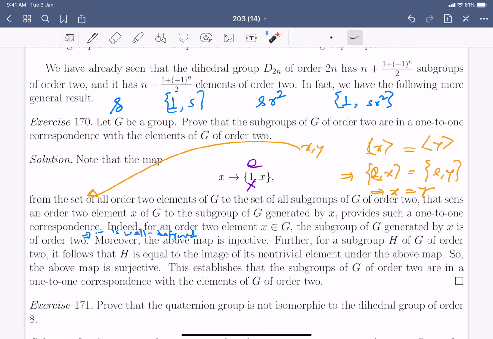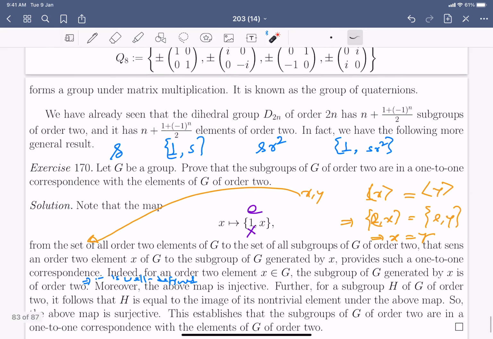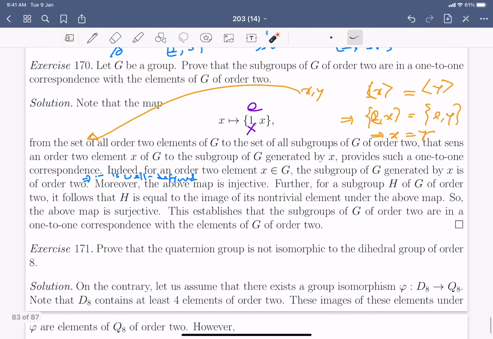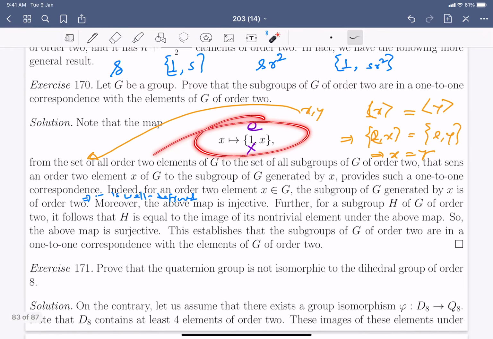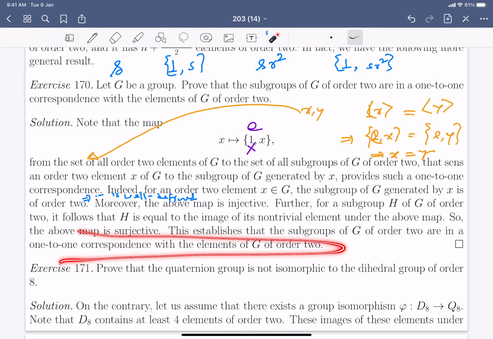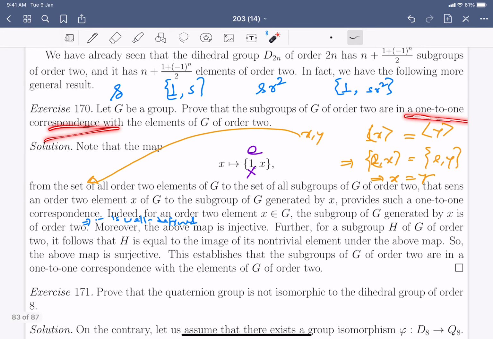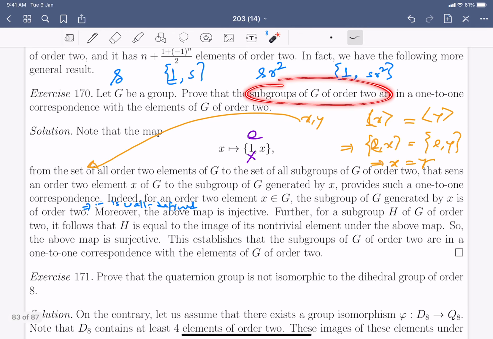That's why I introduced this exercise at this point, after learning these results about the dihedral groups. So this map provides us the desired one-to-one correspondence between the subgroups of G of order 2 and the elements of G of order 2.